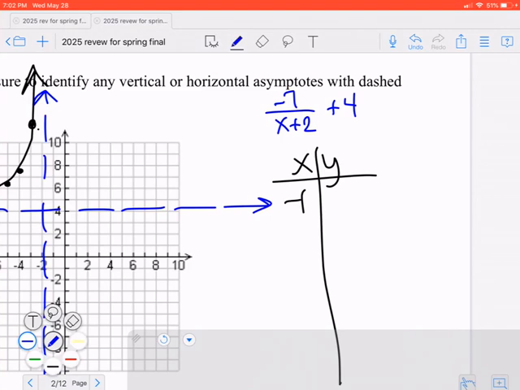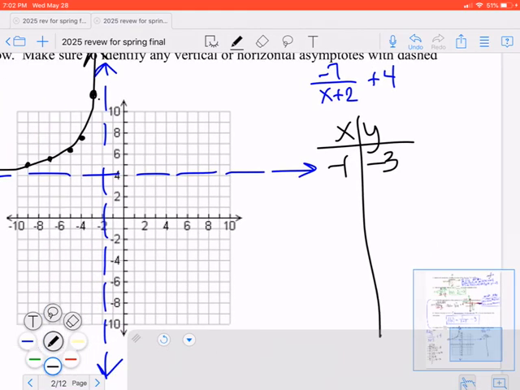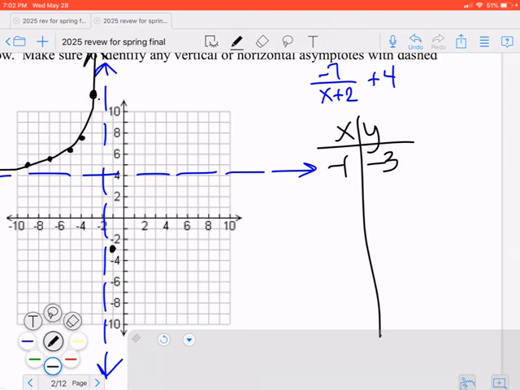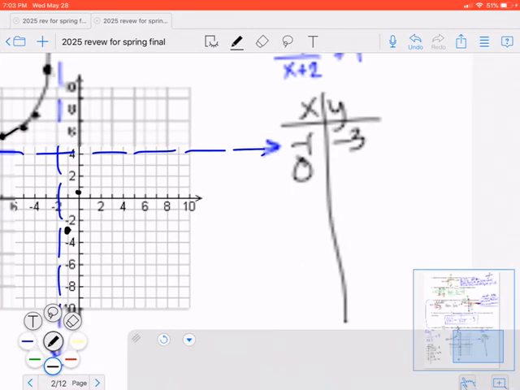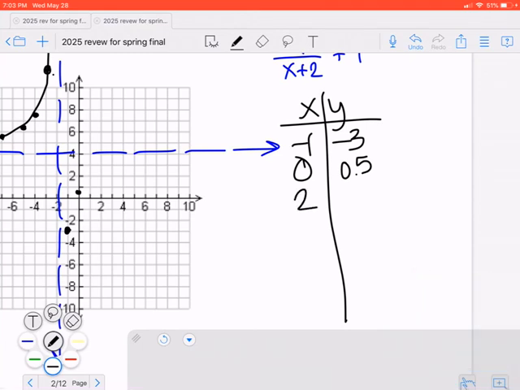Negative 7 over 1 is negative 7 plus 4, which is negative 3. Negative 1, negative 3. And I'm going to plug in a 0. Negative 7 over 2 is negative 3.5 plus 4 is 0.5. Over 0, up 0.5.